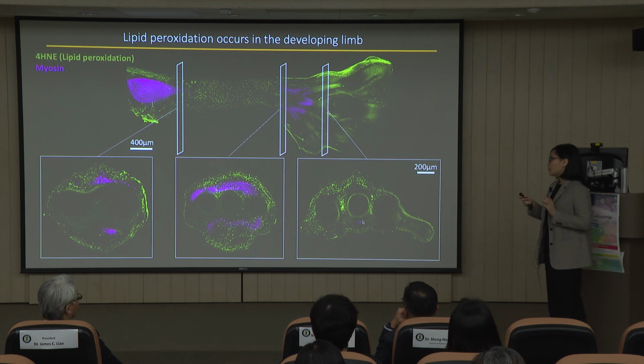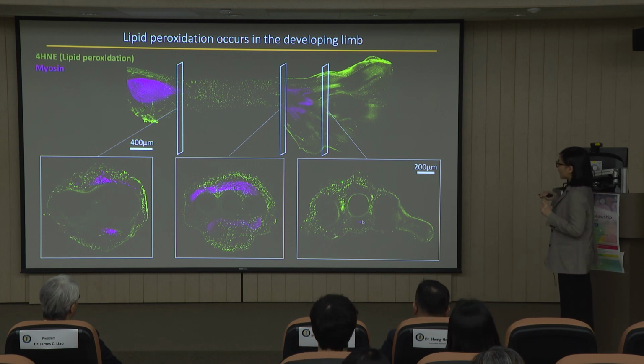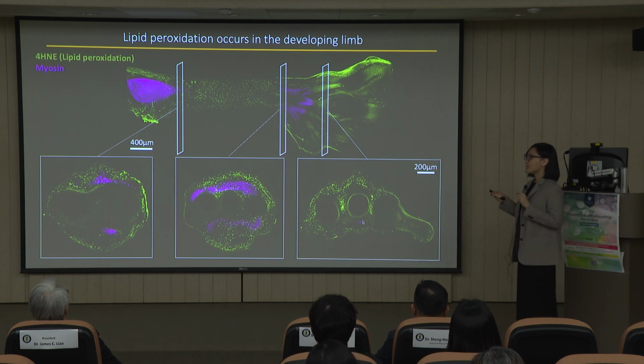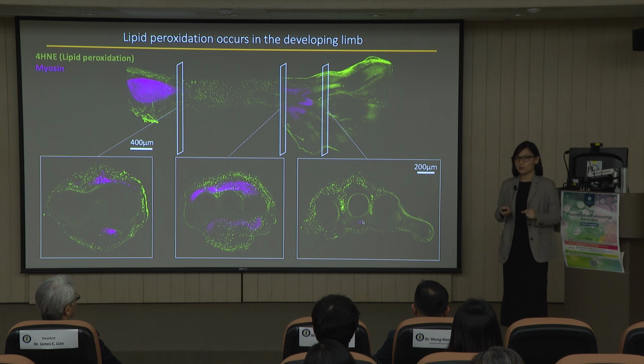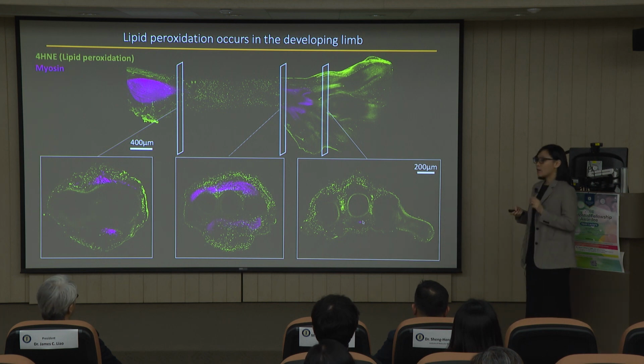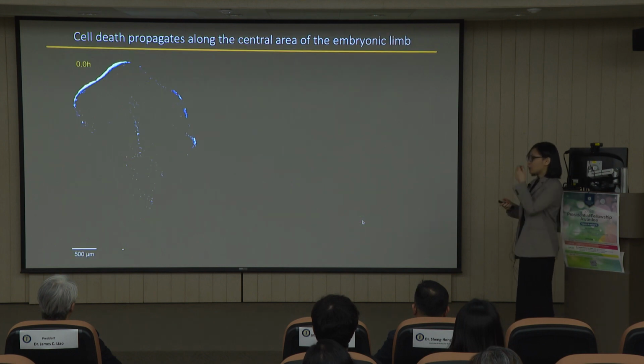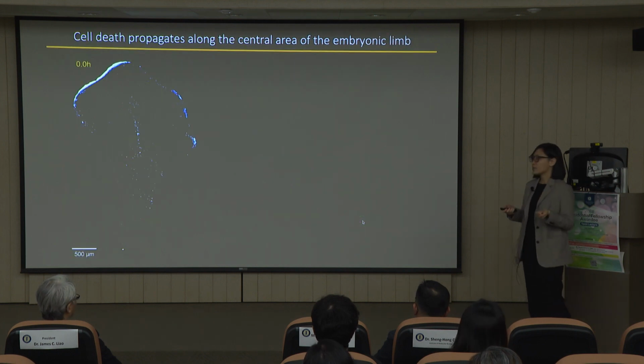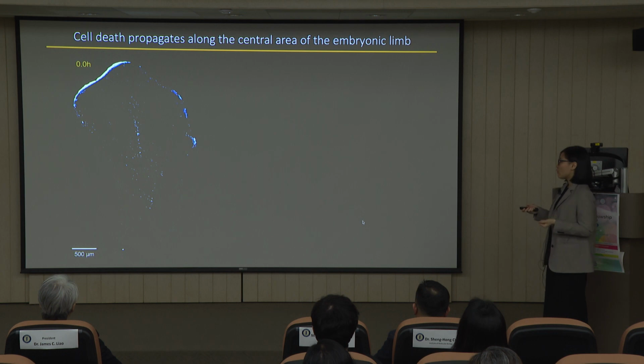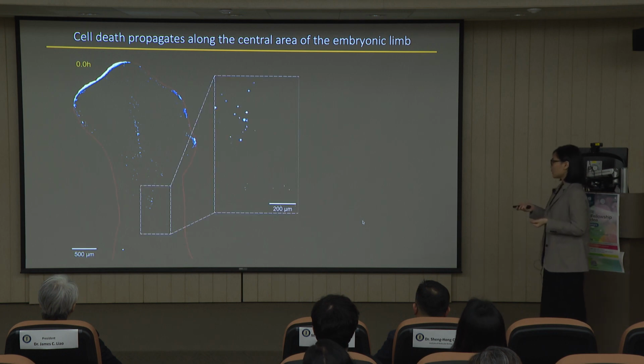And we also note the presence of lipid peroxidation at this interdigit region. So this shows that ferroptosis indeed happens in large scales during limb development. But does it happen as a wave? So here I developed an assay to monitor cell death in real time in the ex vivo developing limb.